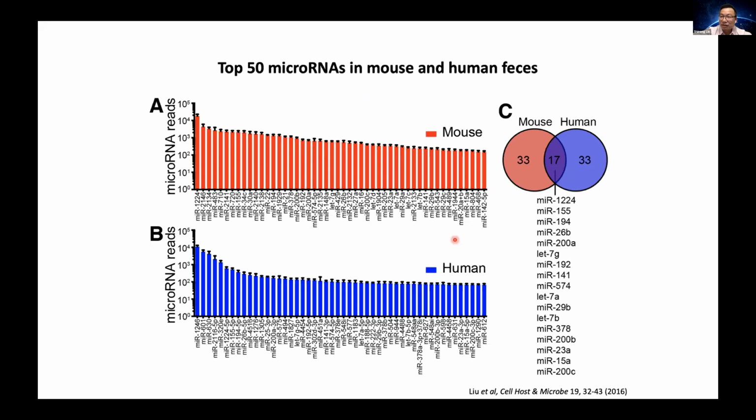I asked one question: if microRNA can exist in the serum and plasma, why can't it exist in the stool? So we looked at the stool samples and found a lot of microRNA there. Here I just show the top 10 and 15 microRNAs in both the mouse feces and the human feces.